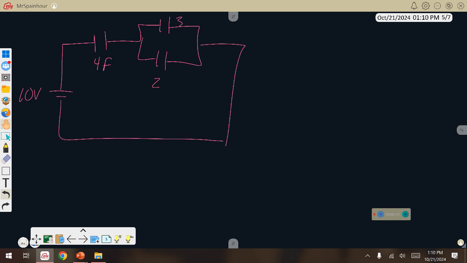A common question that would be asked in this case: what is the charge and voltage on every single capacitor here? You might notice that I was trading back and forth between capacitance total and capacitance equivalent, EQ. EQ is what it actually is. As you look at this, are all 3 of these in series or parallel?